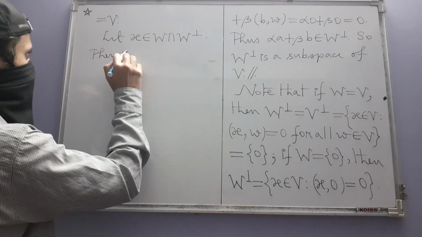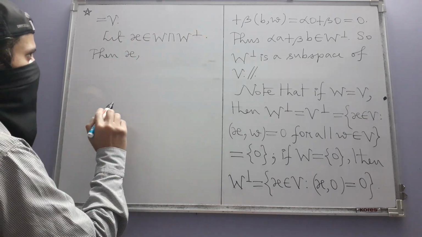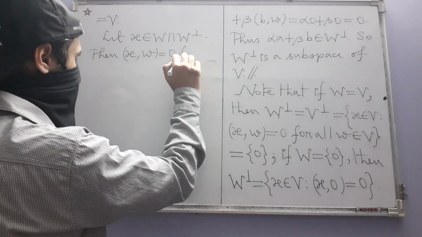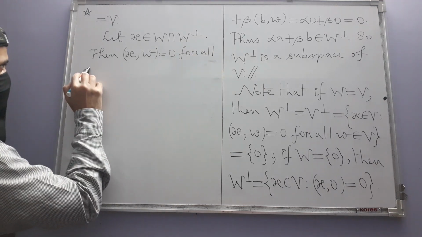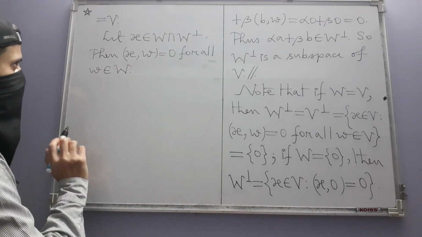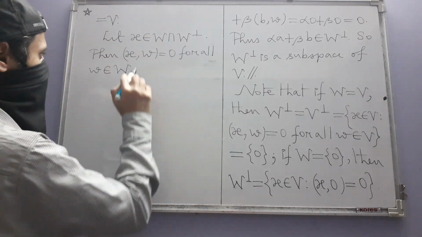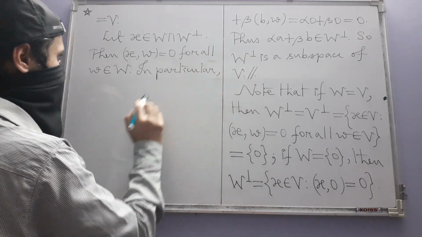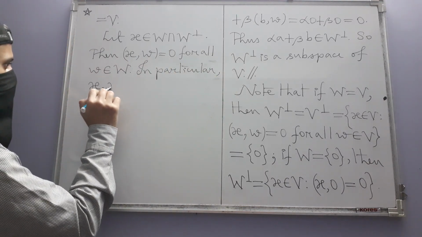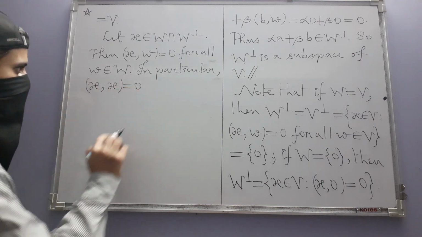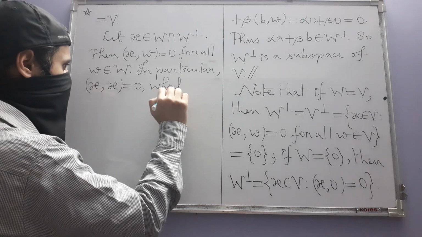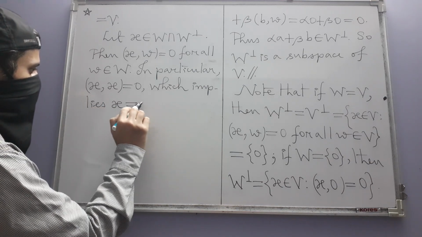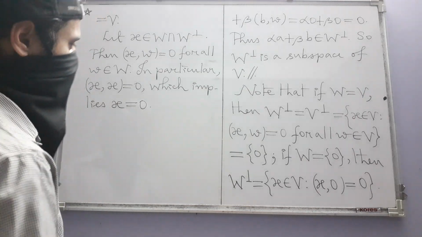Then X being a vector in the orthogonal complement should be orthogonal to all the vectors of W, for all W belonging to W, but at the same time X itself is also in W. So in particular, if you take W equal to X, we should have this, which implies that X should be equal to the 0 vector.